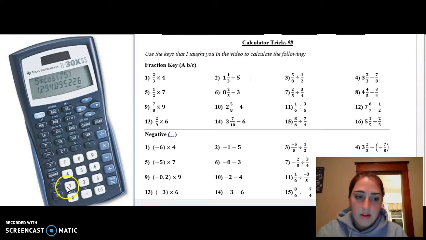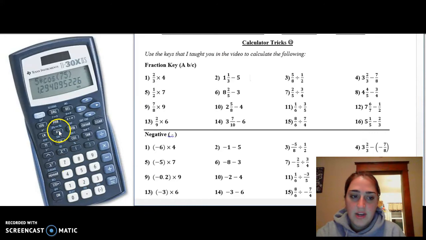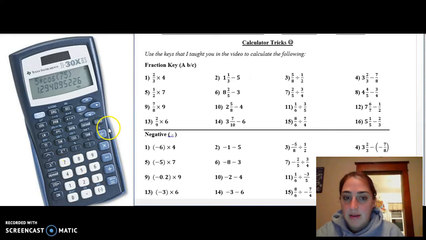So it's 1, start the fraction, 1, finish out the fraction, 3. And then you're just going to do your -5 like normal after that. Okay? So 3, you're going to have 5/8 divided by 1/2. So 5, ABC key, 8, divided by 1, ABC key, 2.